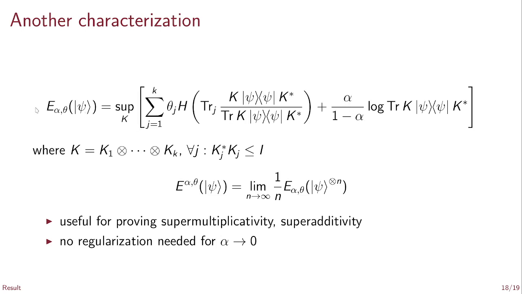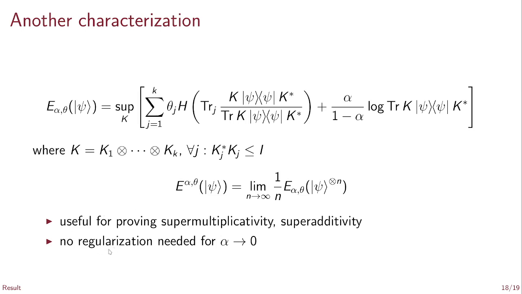And it turns out that if we take this quantity and regularize it, so we evaluate it on n copies of psi, divide by n, and let n go to infinity, then we get the quantity that we had before. And this second characterization is useful for proving the supermultiplicativity and superadditivity, whereas the one that I had before is used for proving submultiplicativity and subadditivity.